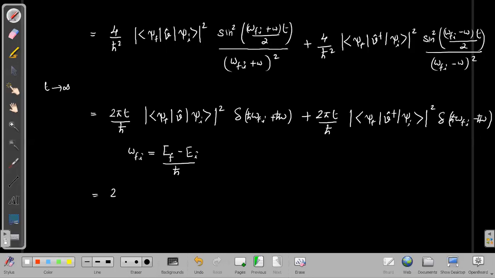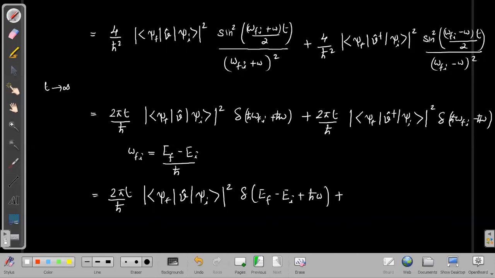So therefore I can write in terms of energy as 2π t by h cross, mod ⟨ψ_f|V|ψ_i⟩ square, the Dirac delta function (E_f − E_i + h cross ω), plus 2π t by h cross, the inner product ⟨ψ_f|V†|ψ_i⟩ mod square, the Dirac delta function (E_f − E_i − h cross ω).